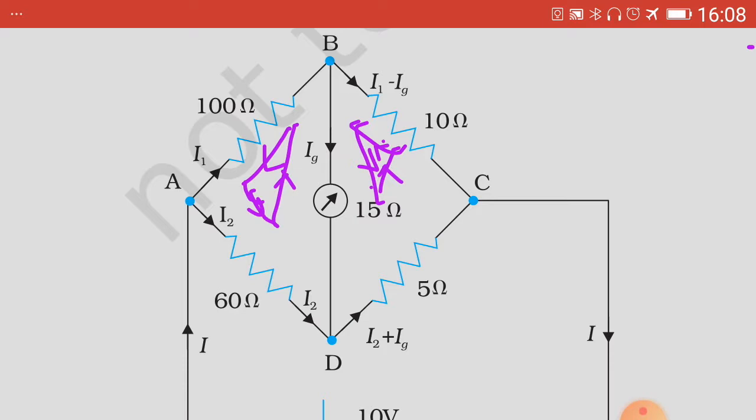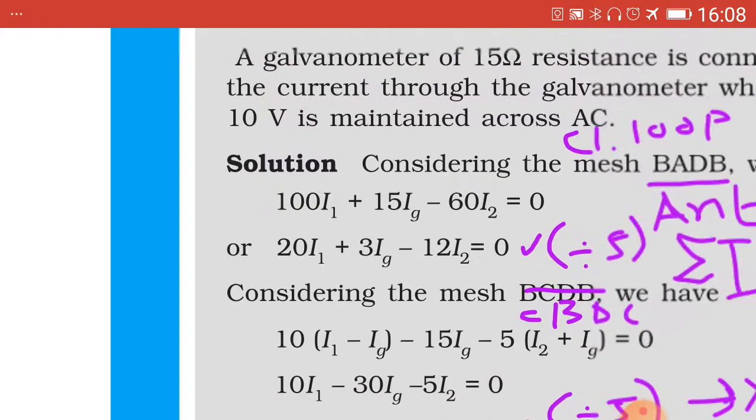Now we refer the simplified equations as given in the description of the solution.